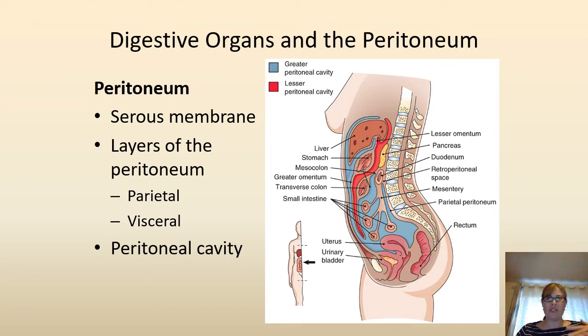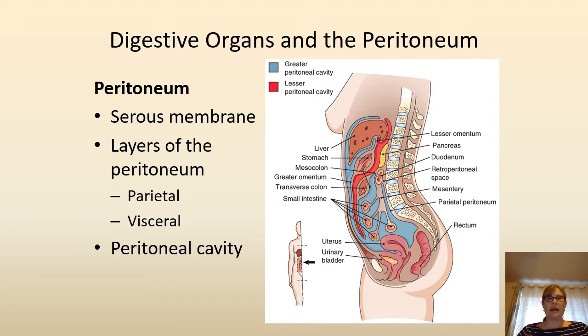So don't pay attention to the red and the blue right now. I just want you to see, this is the liver, this is the stomach. Again, we're looking at a sagittal section, so it's going to look sort of weird. This is part of the small intestine. All of these are small intestine. This is part of the rectum, uterus, bladder, and this is a bone.